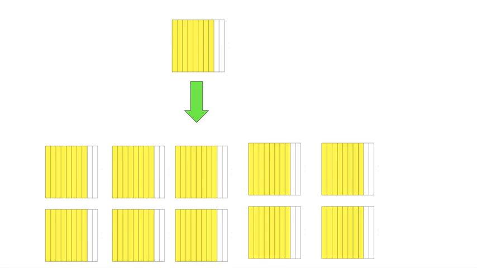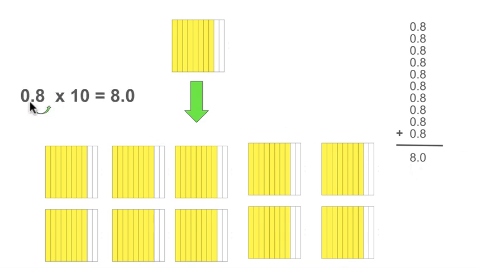So 10 times 8/10 is 1, 2, 3, 4, 5, 6, 7, 8, 9, 10 of those 8/10, which is 8 whole waffles, 8.0. Because 8/10 times 10, the decimal point is here.